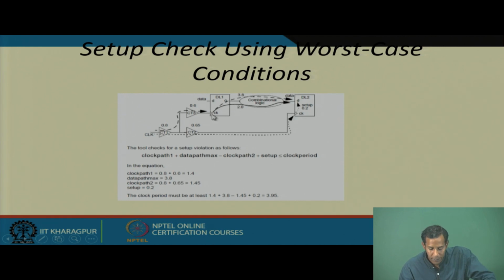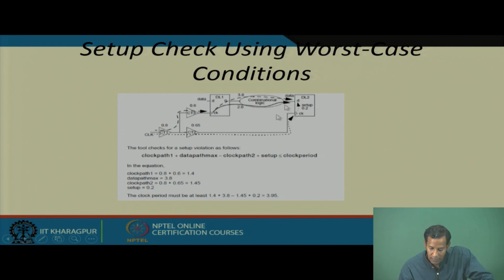Then the data path max is 3.8. Then clock path 2 is 0.8 plus 0.65, so 1.45, and the setup requirement for the flip flops is 0.2. So, the clock period must be at least clock path 1 plus data path minus clock path 2 plus setup, which is 3.95.